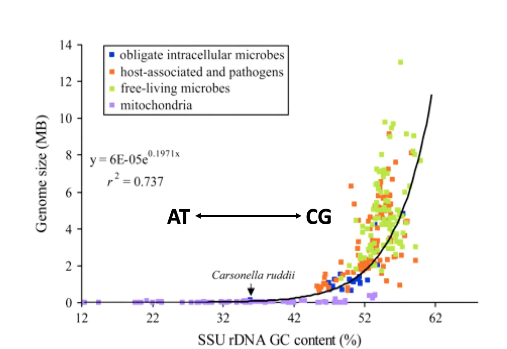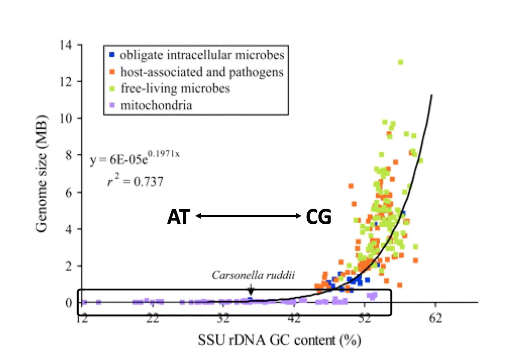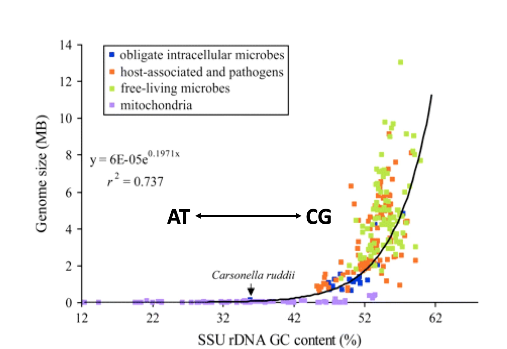Another curious thing that happens as organisms evolve from free living to symbiotic or mutualist to pathogens, and then finally to organelles, is their GC and AT proportions change. In free-living organisms, they have usually a GC content of 50% and above.